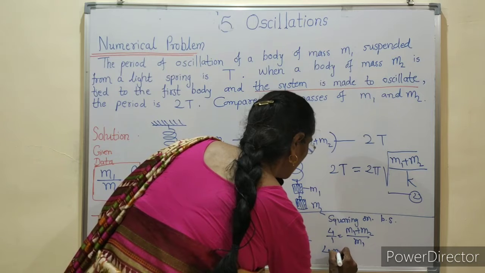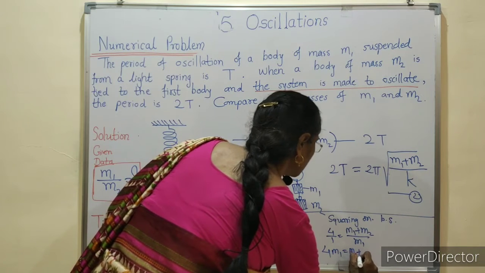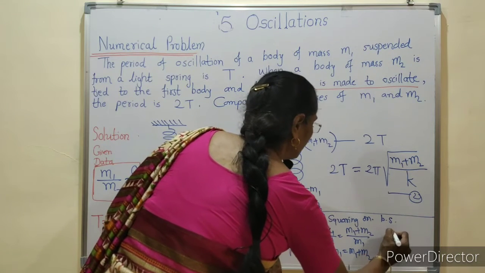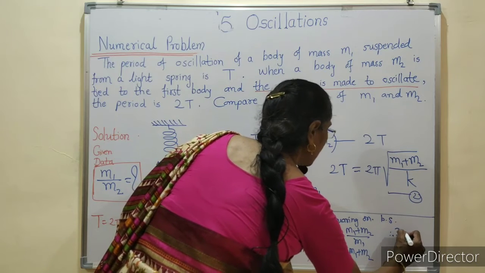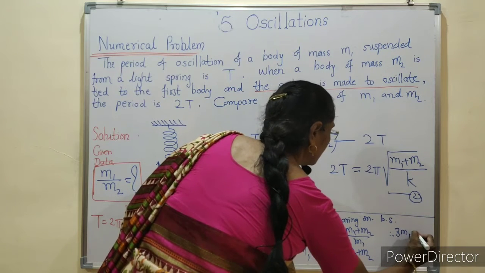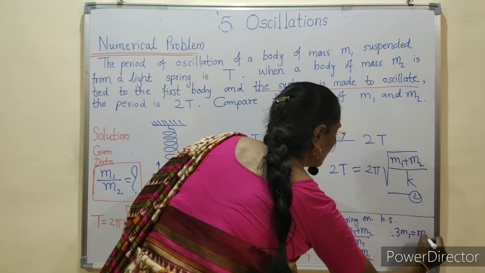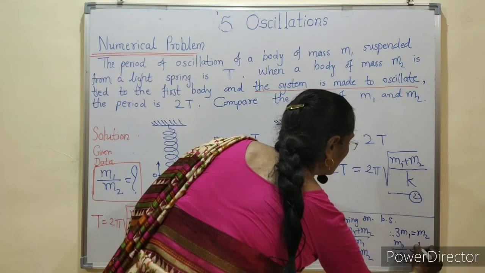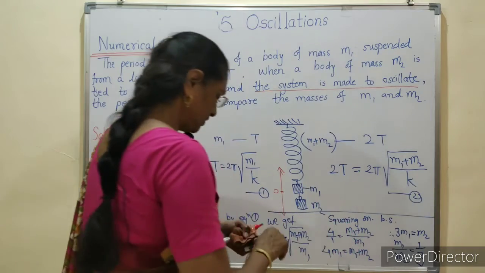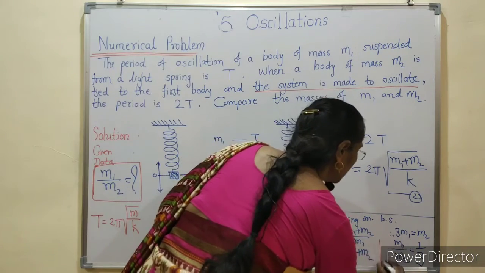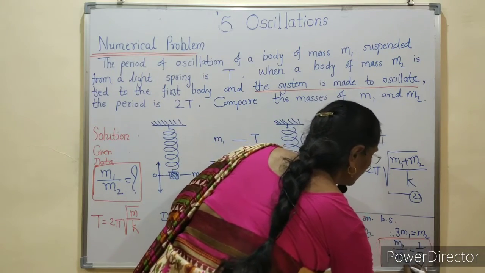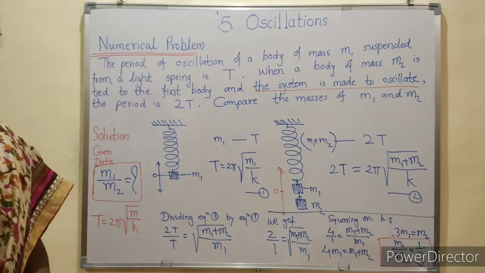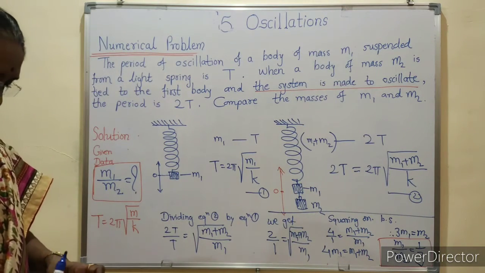So 4 m1 is equal to m1 plus m2. Therefore, thrice m1 is equal to m2. m1 upon m2 is equal to 1 upon 3. This is the comparison or ratio between the two masses m1 and m2.